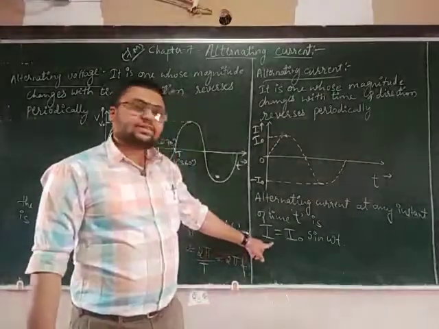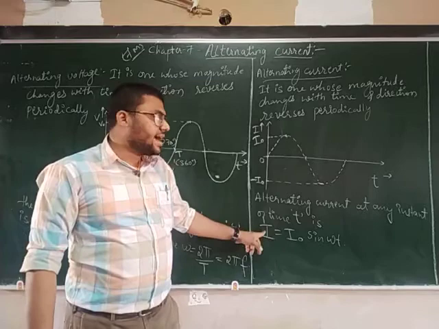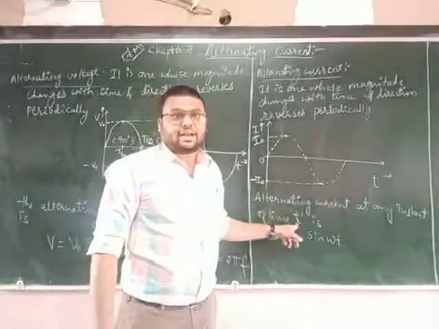So again, I is an instantaneous alternating current, the alternating current at an instant of time t.